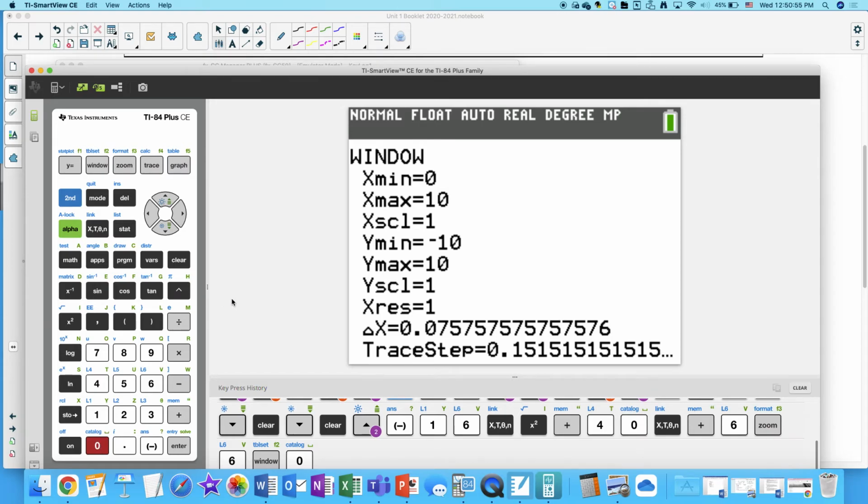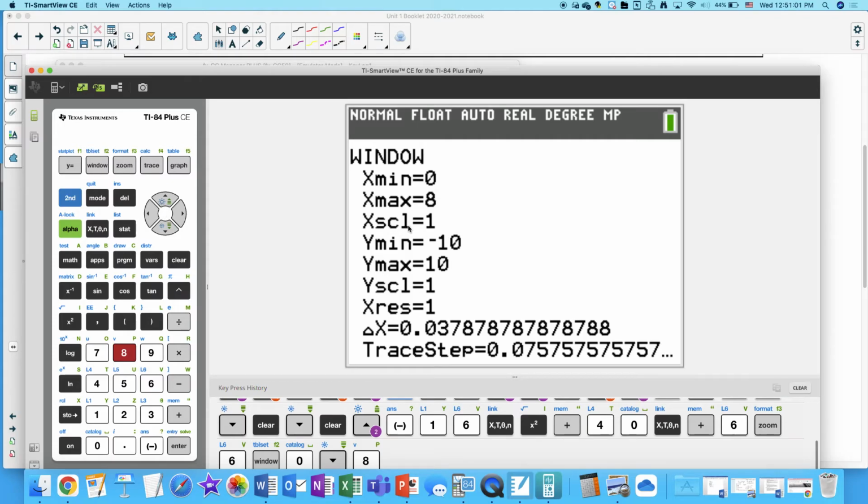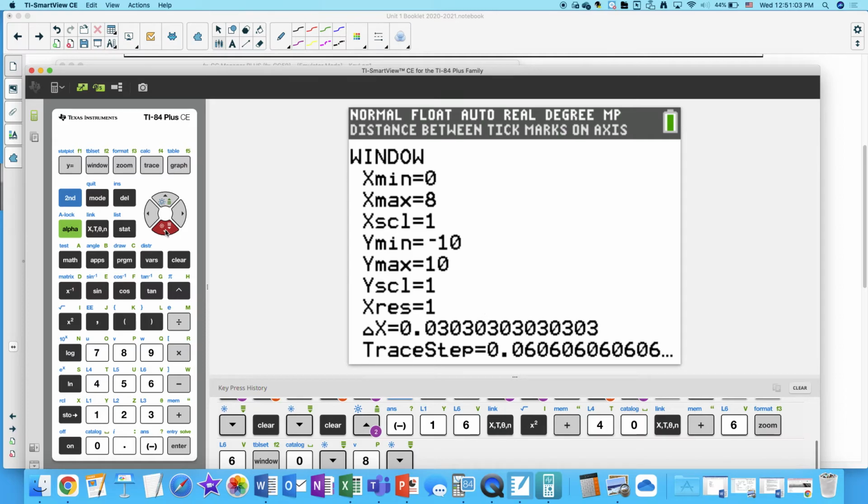For my y min, well, the lowest this ball is ever going to go is 0. The y max, it's going to go higher than 10 feet. It's probably going to go maybe 50 feet. And maybe I'll make the y scale 5. And then I'm going to graph this. Oh, that's much better. Okay, so we can see everything that we need to see in here.